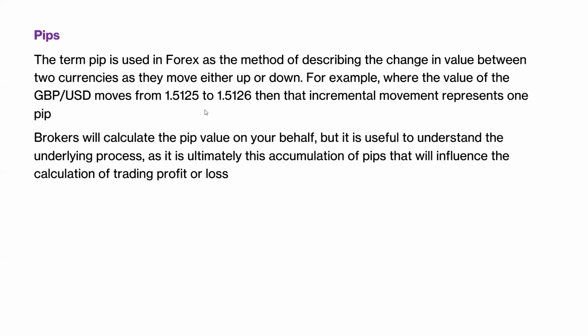So this is where you're buying from, but your broker executed your trade at 1.5126 or 1.5127. So that difference in pips is what we call spread.